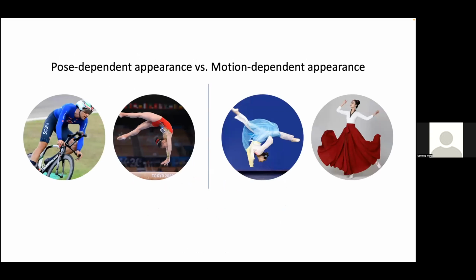Here we show examples to compare the difference between pose-dependent appearance and motion-dependent appearance. As you can see, for pose-dependent appearance, what is really important is just the current frame, so you can infer almost everything from the current pose. But in many real-life scenarios, the appearance is not only related to the current pose.